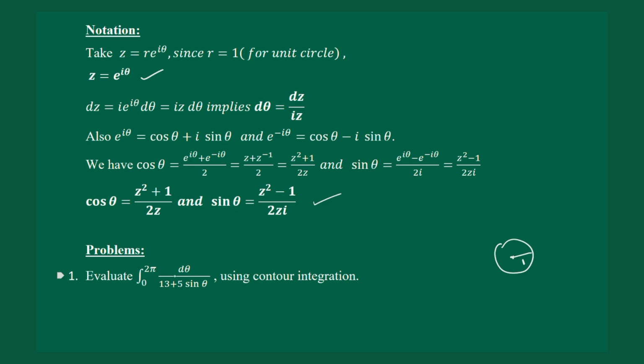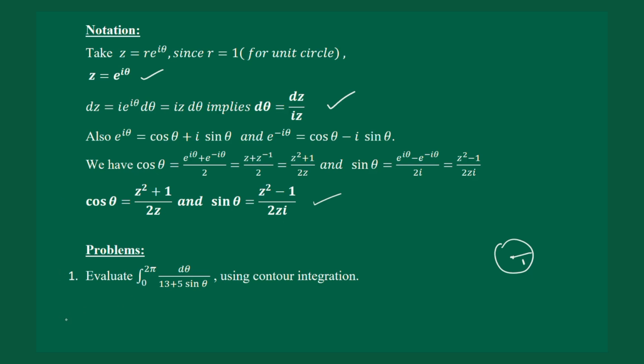As I told you, this integration is in terms of theta, and these theta terms should be replaced in terms of z. So first we have to remember z is equal to e power i theta, so that d theta can be replaced as dz by iz. Similarly, whether the function is in terms of cos or sin, we can replace like this. In this question we have only sin theta, so we can take sin theta as z square minus 1 by 2zi.